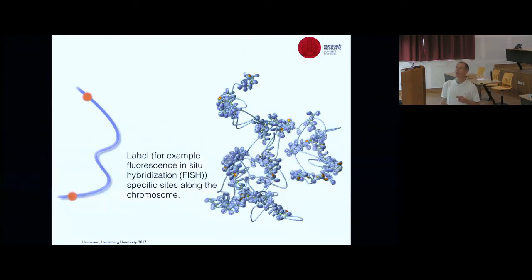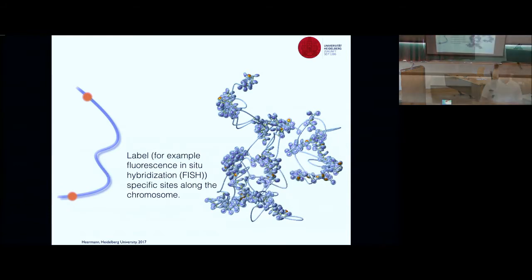You have these histone complexes here, you have naked DNA here, and these red dots are supposed to portray the labeled parts of your chromosome. And then the point is, how do you obtain information on the structure?